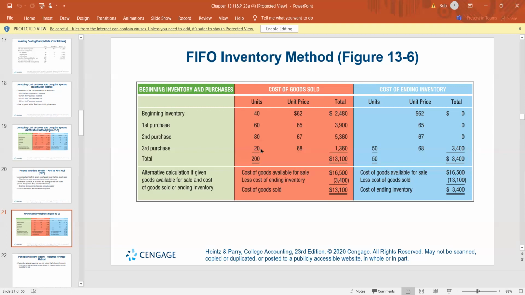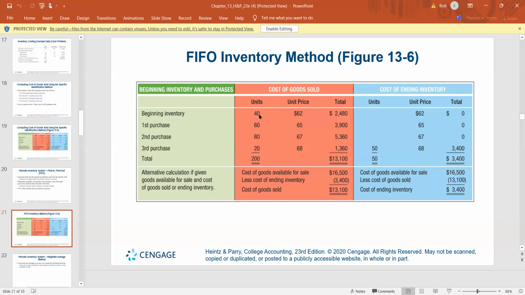That leaves us with 50 units in the inventory, costed out at 68. In other words, we're pretending, and I'm using that word deliberately, that we sold the 40 items first. We may or may not have done that. This is not meant to be the physical flow. This is a costing method companies can choose.